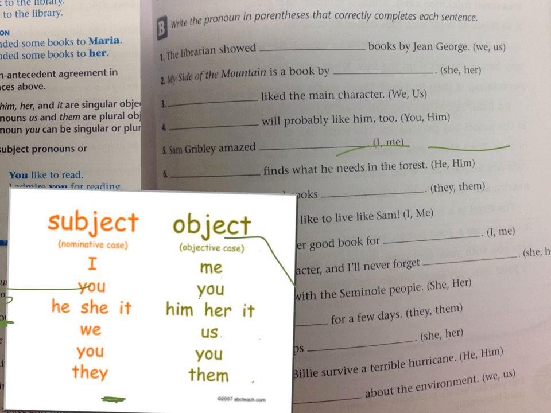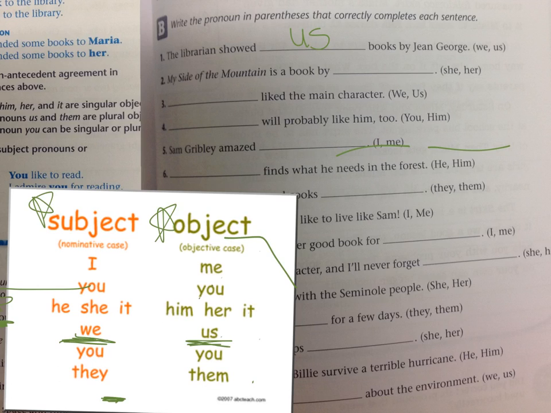We or us. So we have subject we here, object us here. It says the librarian showed us books by him. All right, so that makes sense, and obviously you always refer to this little chart. That'll be a nice reference.